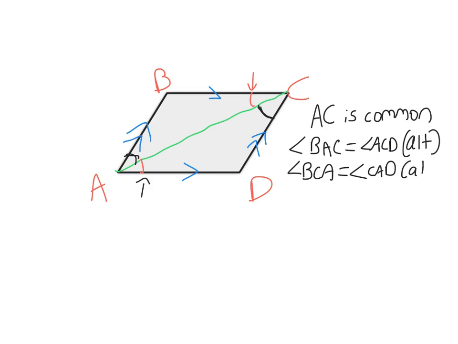Again, they're alternate. So what I've just shown you is that there's a pair of equal sides and two pairs of equal angles. These two triangles are congruent by the AAS test. The first triangle, I'll call triangle ABC again. So that's congruent to triangle... Now this is where it gets a bit tricky.